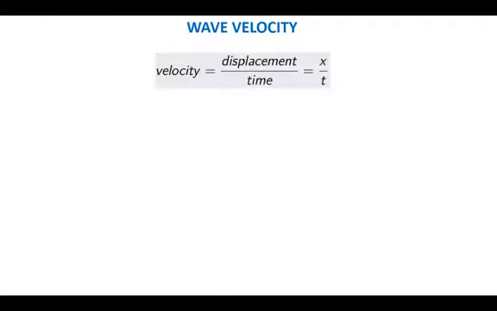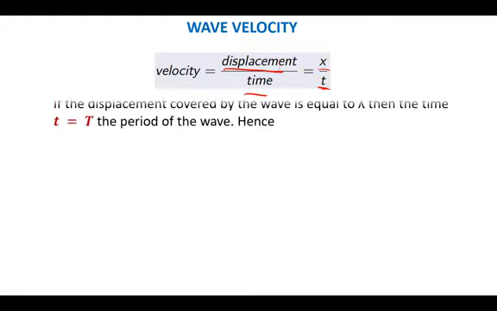Okay, let's discuss the wave velocity, which I believe I've explained on the previous page. Velocity is just given by displacement over time. Displacement is simply x, and time is simply t. The displacement covered by a wave is the wavelength when t is equal to the period.